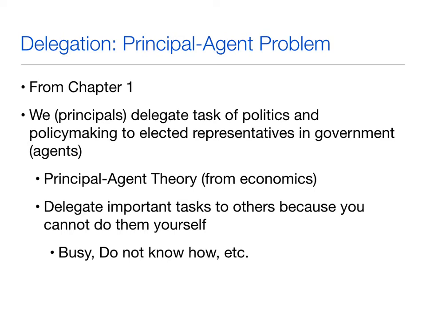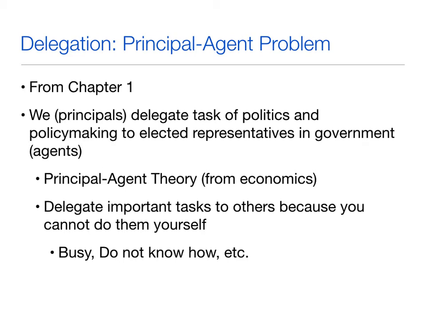Delegation is a form of the principal agent problem. If you remember from the first chapter, the general public, as principals, is delegating a task of politics and policy making to elected representatives in government, who are going to go far away from home. Now, this is not a time of mass communications where you can monitor people relatively quickly.